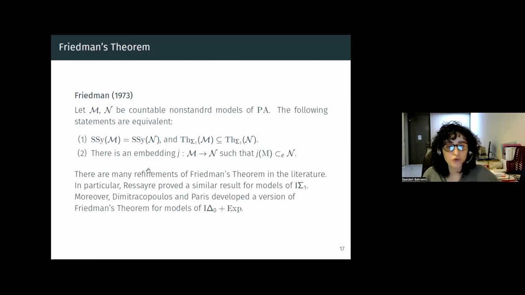After Friedman, there were many refinements of his theorem, especially Ressayre proved a similar result for models of IΣ1.